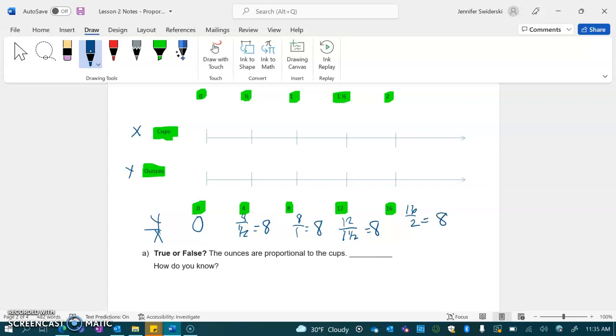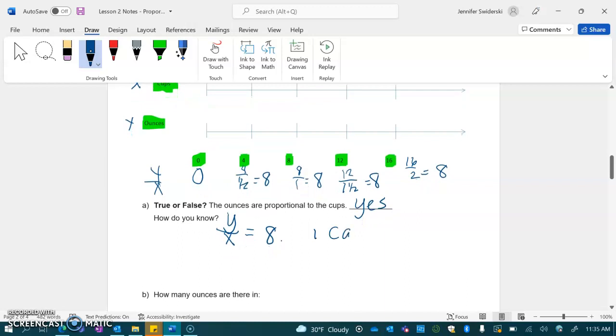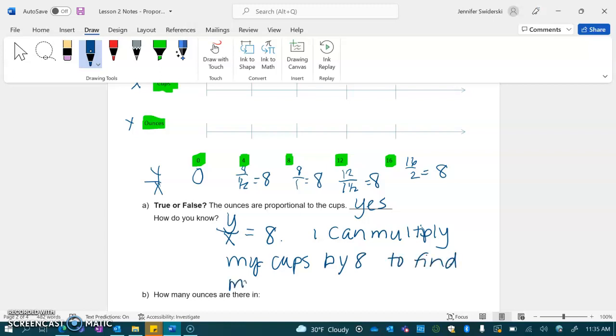So are they proportional? Yes. And how I know is because y divided by x all equals 8. I can multiply my cups by 8 to find my ounces.